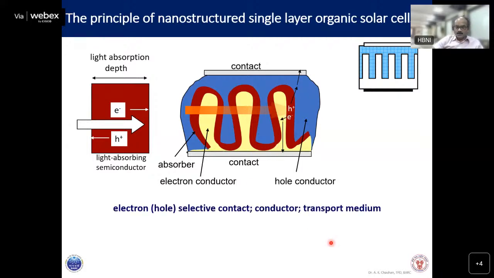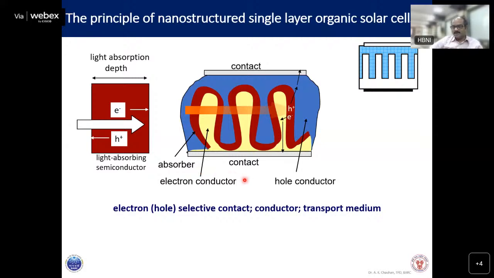So we need to select electron or hole selective contacts. Similarly, suppose this material is a hole conductor, the material should have properties such that it does not conduct electrons. Similarly, a material which is conducting electrons should not conduct the holes.